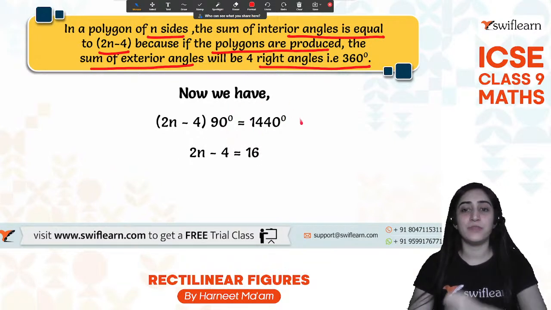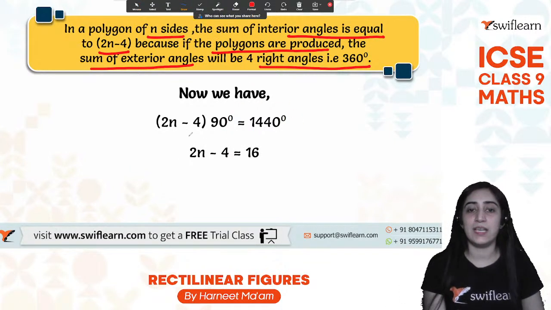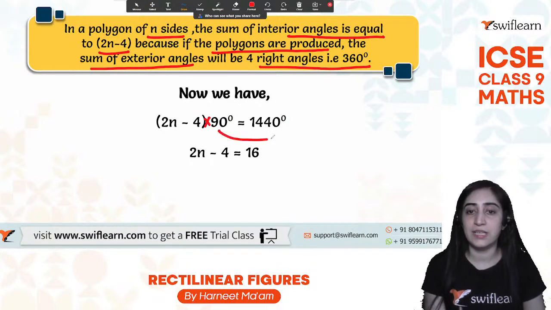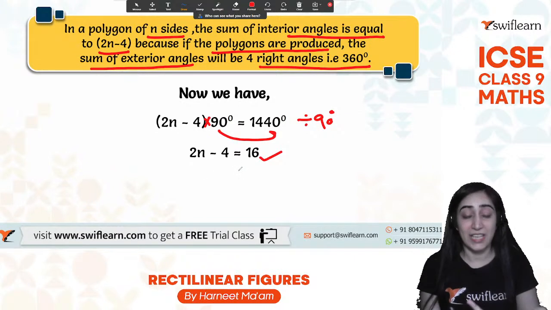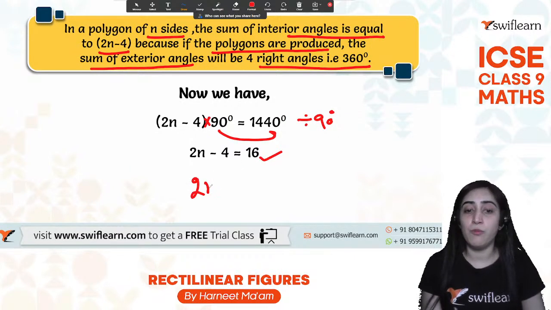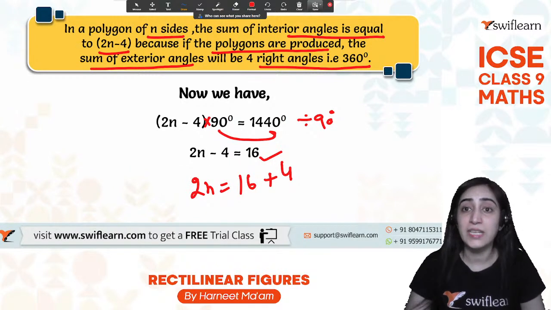When I move to the other side, the 90 that is multiplying gets divided, which gives me 16. So 2n minus 4 is equal to 16. So 2n will be 16 plus 4, which gives me 20.